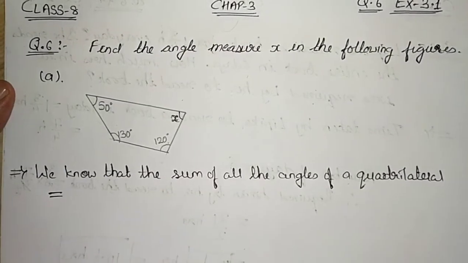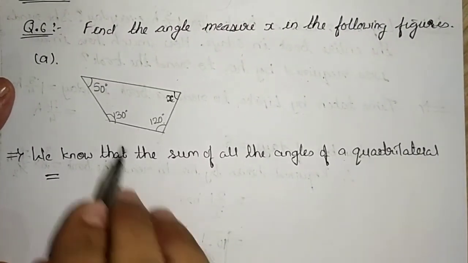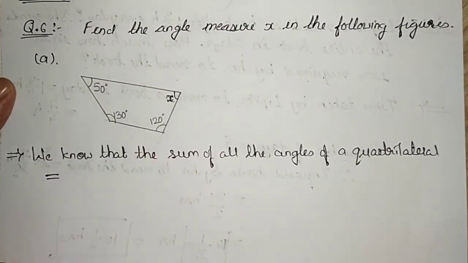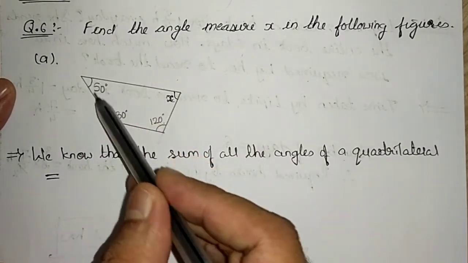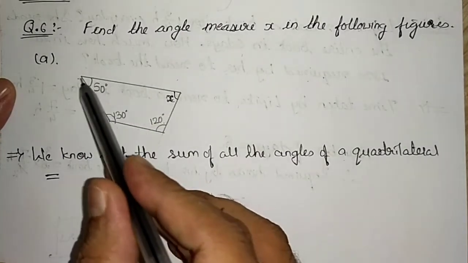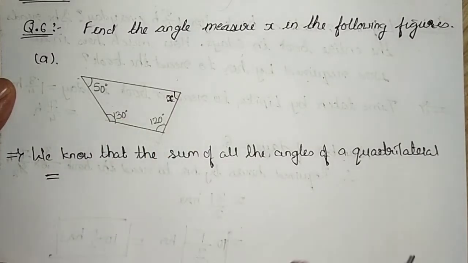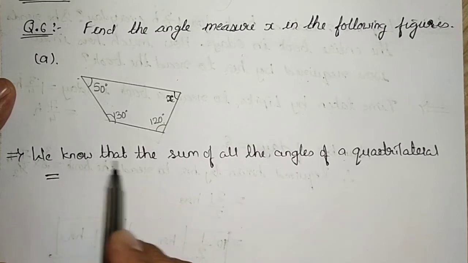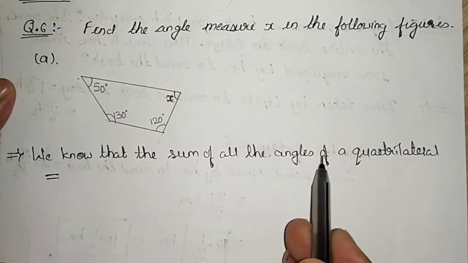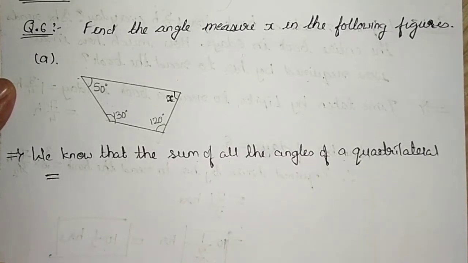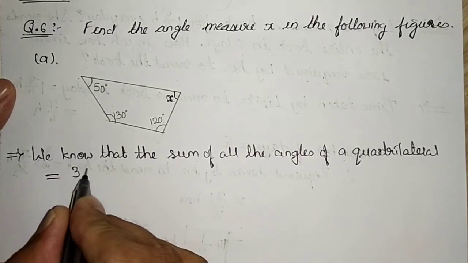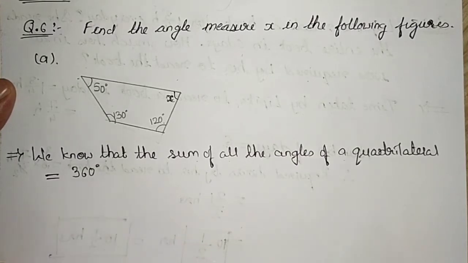Now, in the first figure, figure A, you can see it has 1, 2, 3 and 4 sides. So it is a quadrilateral. And for a quadrilateral, you know that the sum of all the angles, which I have discussed, is 360 degrees.